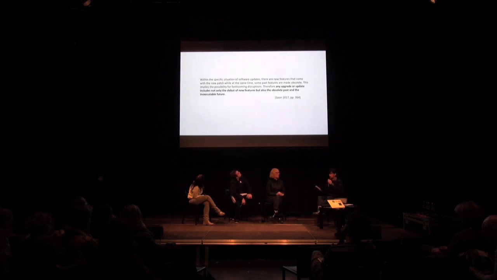For example, there are new kinds of languages that are supported in this version of net.art generator. But at the same time, some past features are made obsolete. So this implies the possibility of forthcoming disruption. Even if we put net.art generator live again, there's a possibility of it not working again and again.